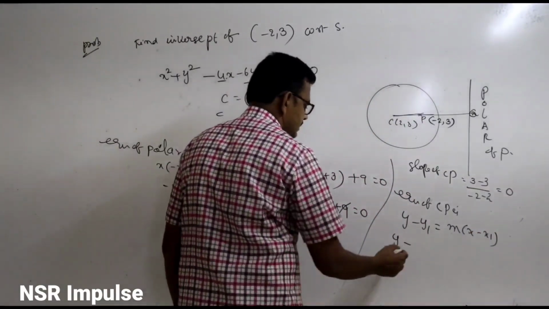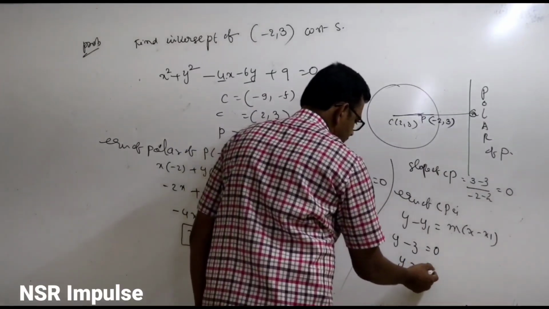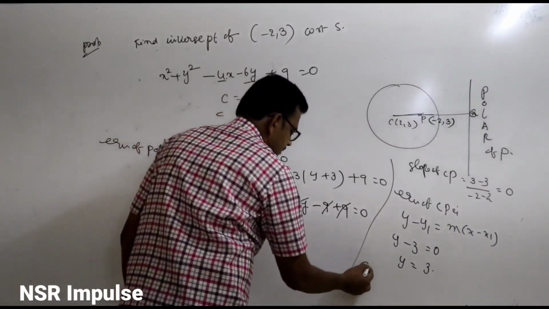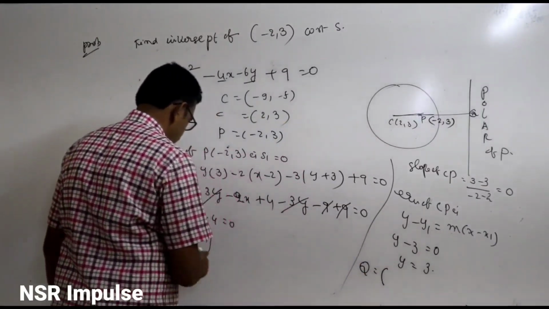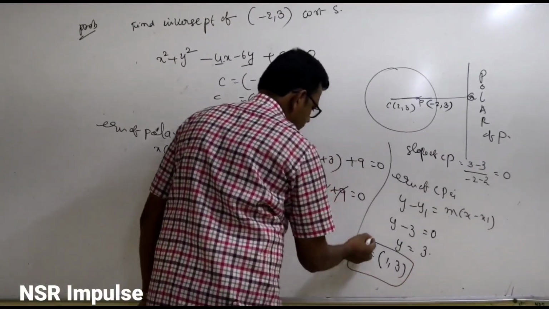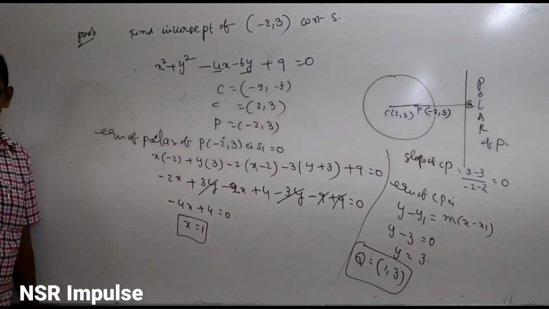Y minus 3 is equal to 0. Therefore, y equal to 3. Therefore, the inverse point Q is 1 comma 3. The inverse point is 1 comma 3.